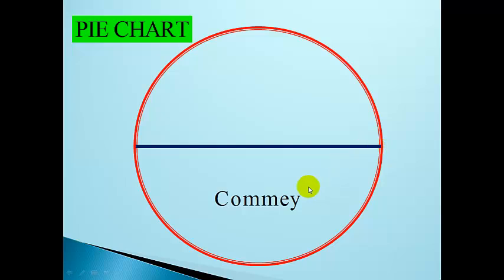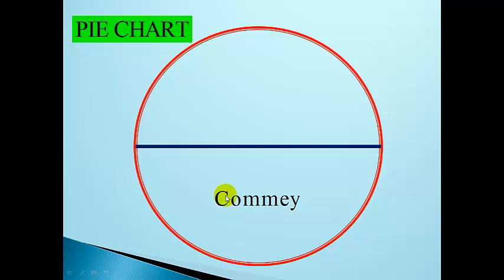Because the angle of sector for Kome from the table is 180 degrees, Kome is occupying the whole region below the diameter, because the angle that a straight line makes is 180 degrees. So this is the region for Kome.